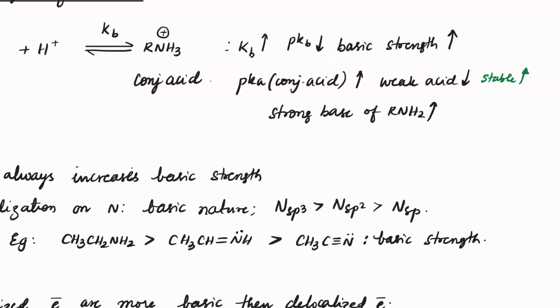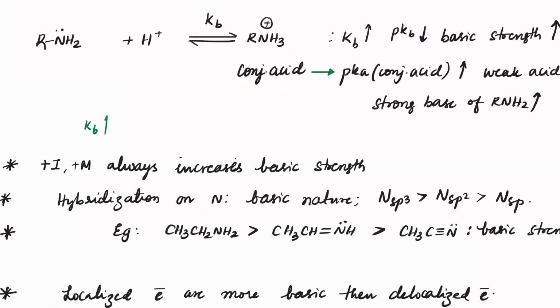So either you check the Kb value directly, or you check the pKa value of the conjugate acid. Most of the time we use only these two cases: either the Kb value is high or not, or the pKa value of the conjugate acid is high or not. If so, the amine is strong. So RNH2 is strong. Got it? This is what we need to know.